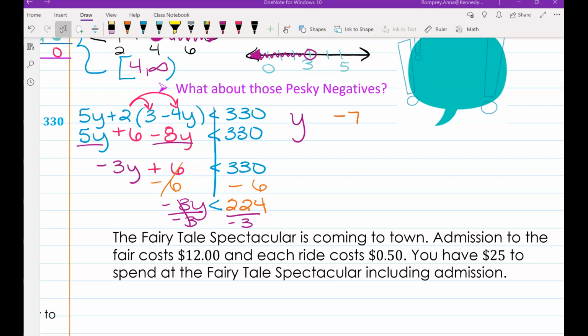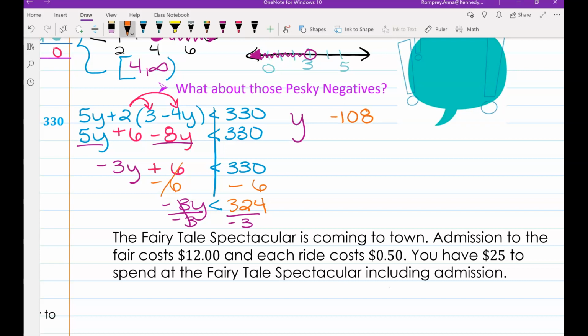All right, I distributed my 2. All that's good. Brought down, combine, negative 3y, good. 330 minus 6 is not 224. It is 324. Let's see if that divides a little easier. Oh, it definitely does. 3 goes to 3. 108, thank you. Negative. All right.